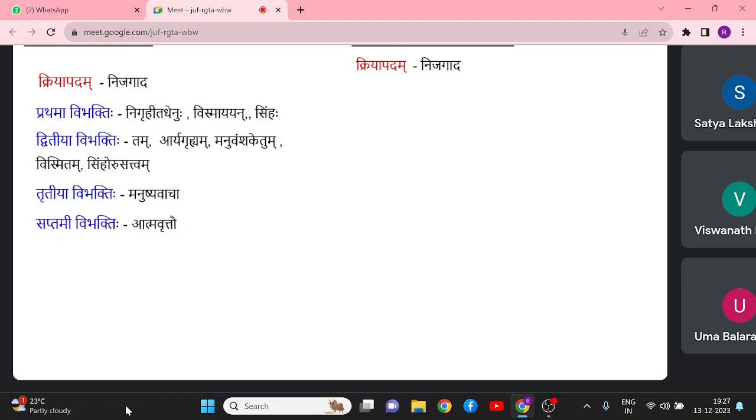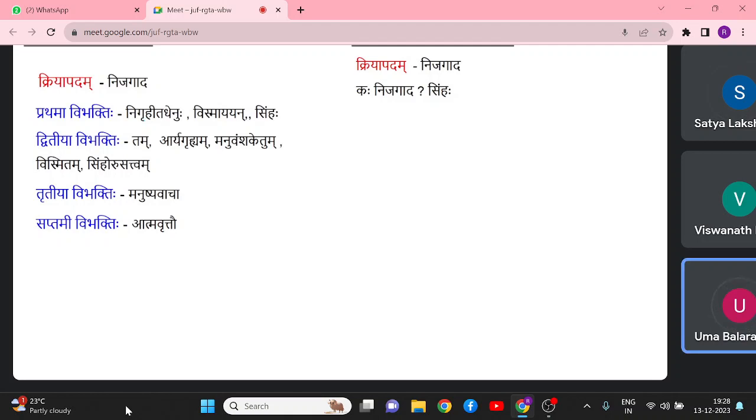Nijagada. Okay. Uttered, started speaking. Uktavan. Who spoke? Kaha Nijagada. Simha. And now with Simha we have one, actually two. Okay, so Kidrishaha Simha?